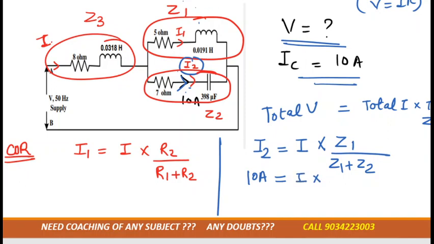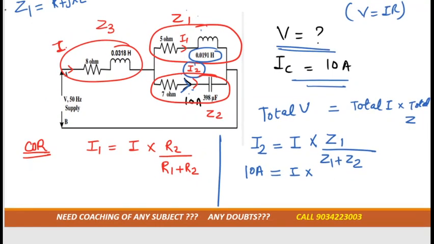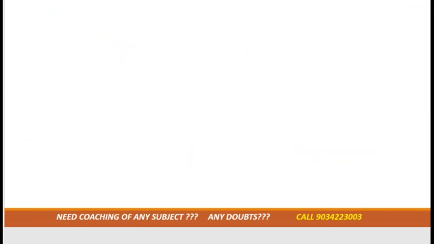Can you tell me what the impedance is? Z1 is in the form of R plus jXL, but they have given L, not XL. So for this we need to calculate XL.